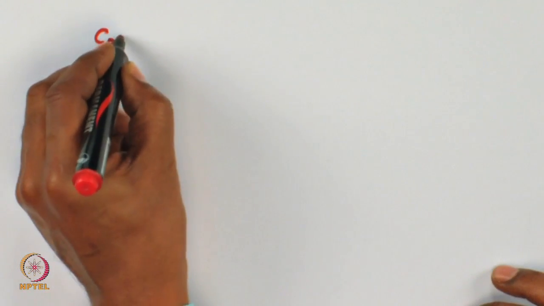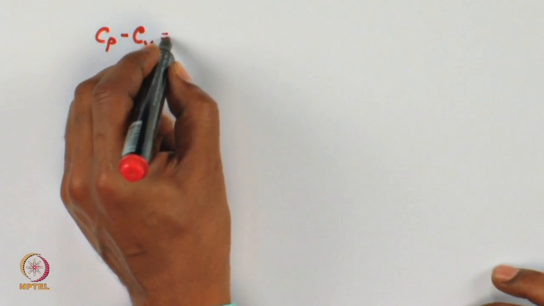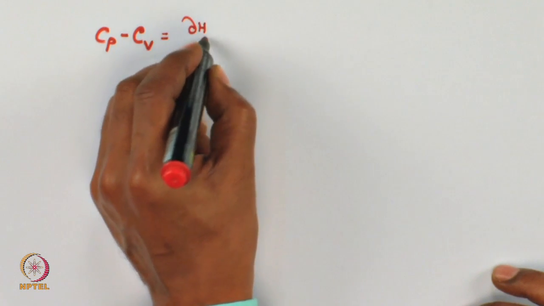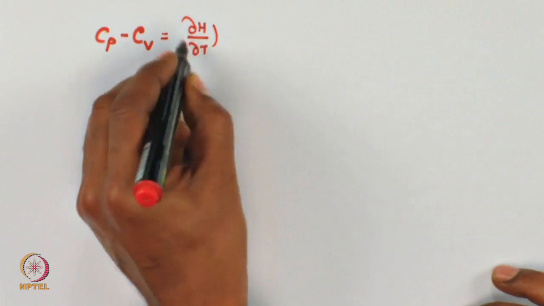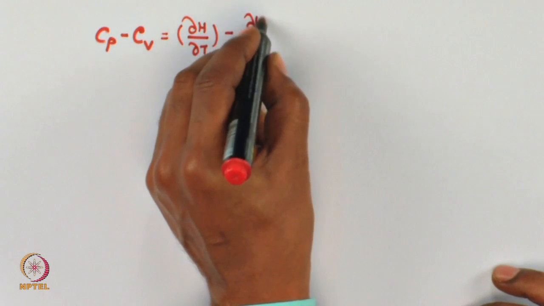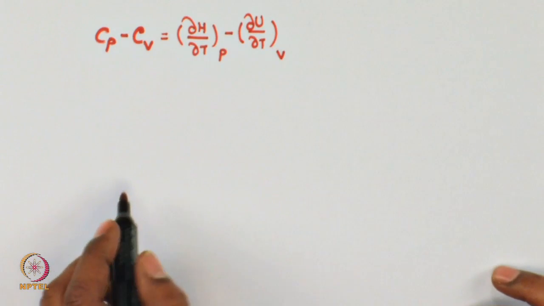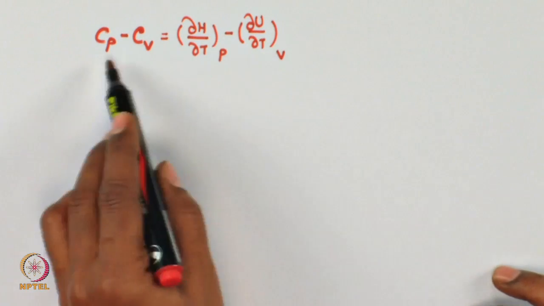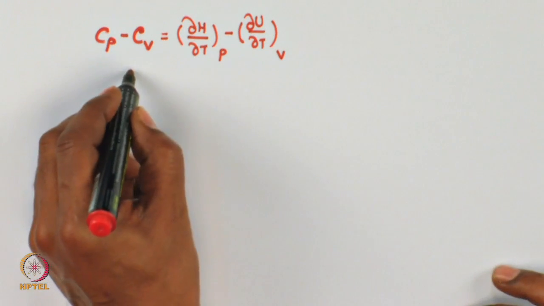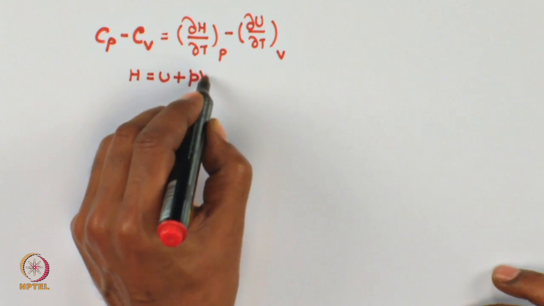Let us write down Cp minus Cv. This is equal to Cp, which is dou H dou T at constant pressure, and Cv, which is dou U dou T at constant volume. Here I have substituted the exact definitions of Cp and Cv. Now, you know that H is equal to U plus PV.